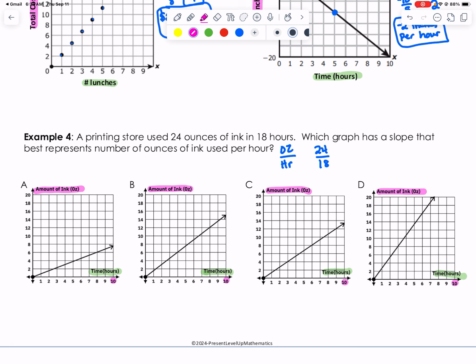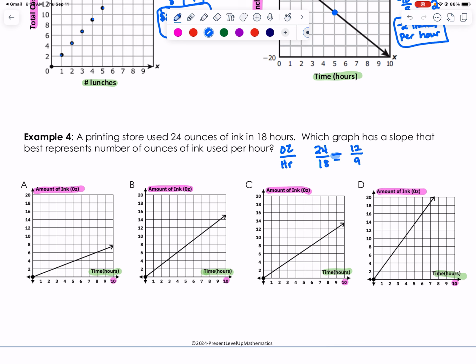So we're not going to find 18 hours on there. But that's okay because we can reduce our fraction into smaller terms. So if I were to divide both those terms by 2, 24 divided by 2 is 12, and 18 divided by 2 is 9.